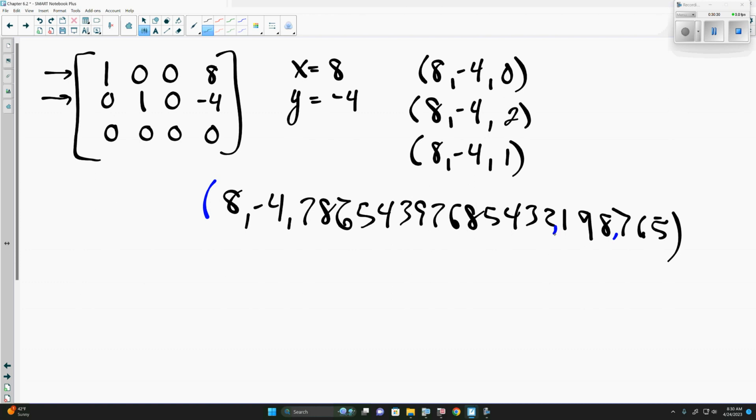Uh, 3. Thousand, million, billion, trillion, quad, 78 quintillion, 654 quadrillion, 397 trillion, 685 billion, 432,198,765 is technically a solution.